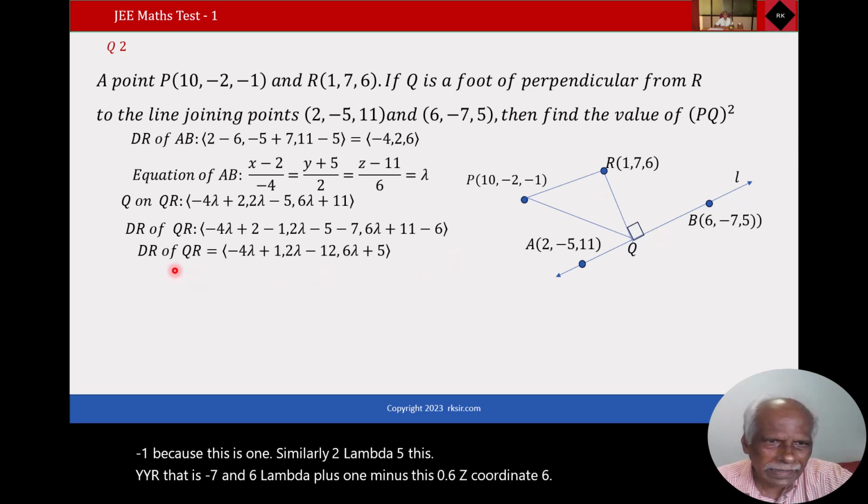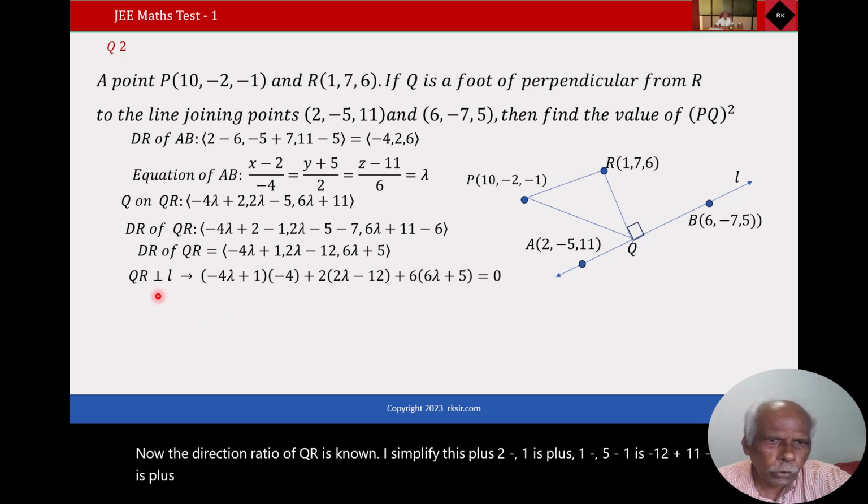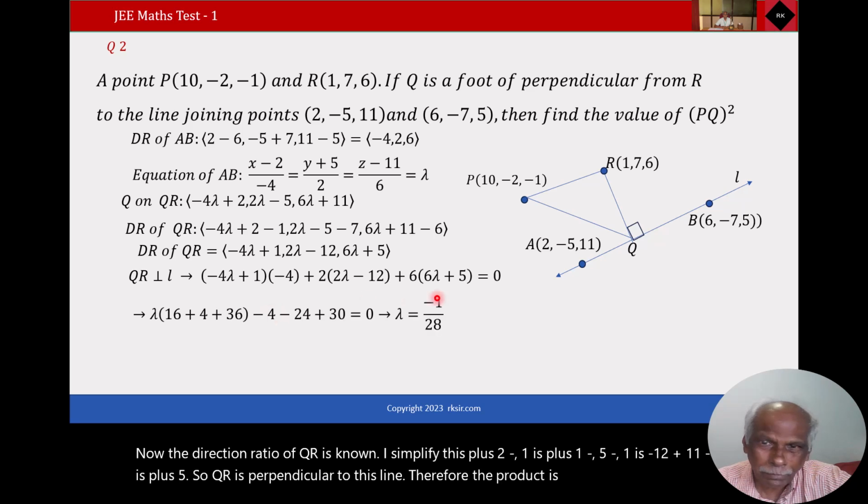Now the direction ratio of QR is known. Simplifying, we get +1 for x, -12 for y, and +5 for z. So QR is perpendicular to this line, therefore the dot product is 0.